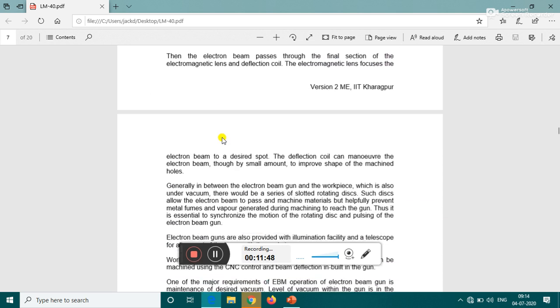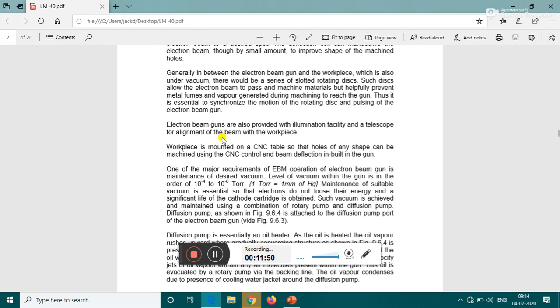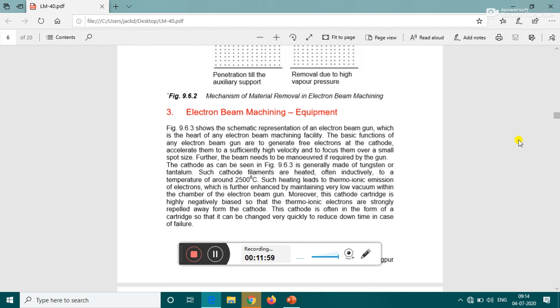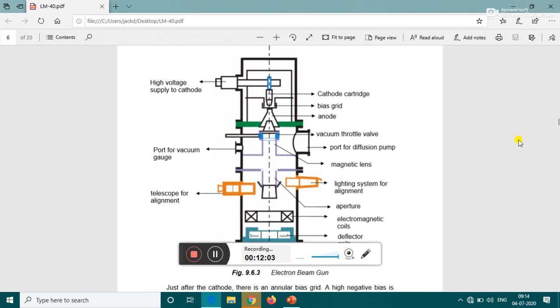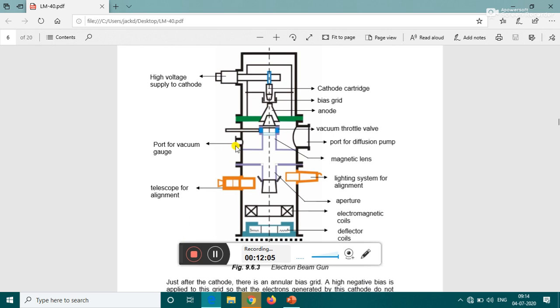Torr, it is in the value of torr, I think. Yes, 10 raised to minus 4 to 10 raised to minus 6. To ensure that the vacuum pressure is in this range, you need a vacuum pressure gauge. That is why you have a port for the vacuum gauge.